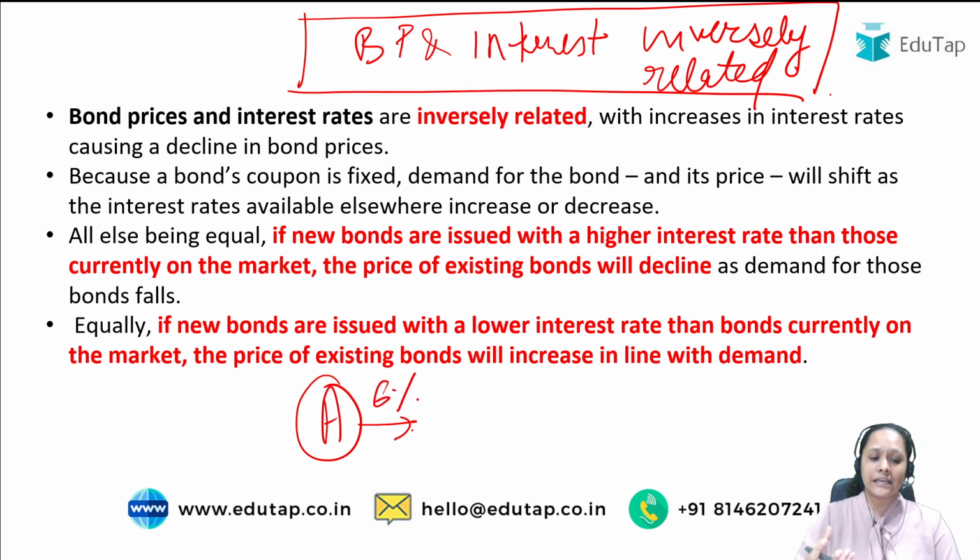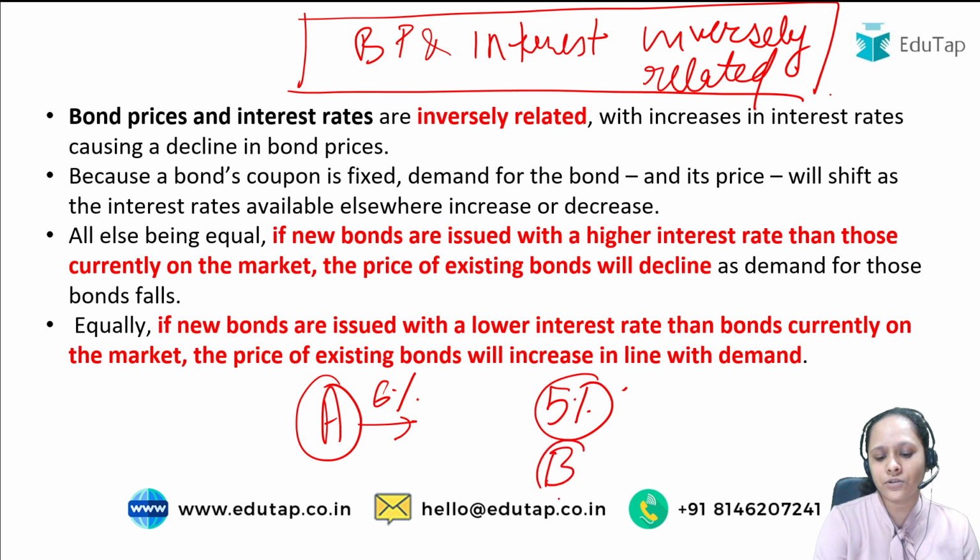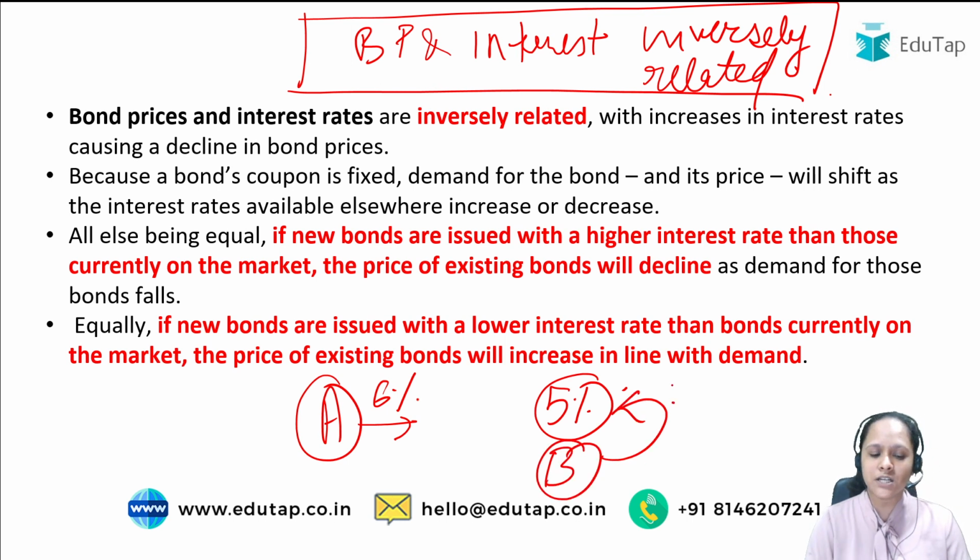Now let's say the market interest rates which are prevailing right now in the market changed suddenly and the interest rates dropped to 5%. ठीक है? So now the new bonds issued would provide you an interest rate of 5%.